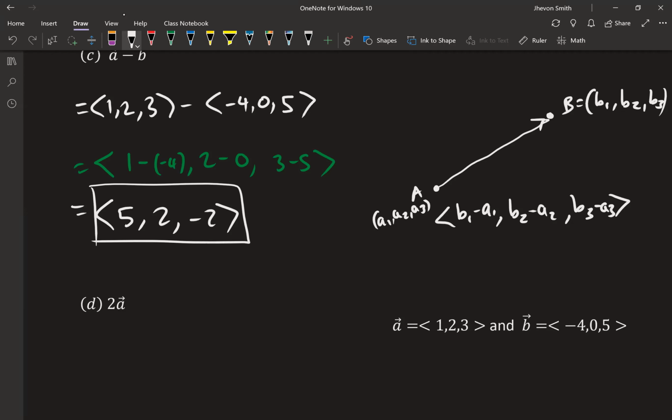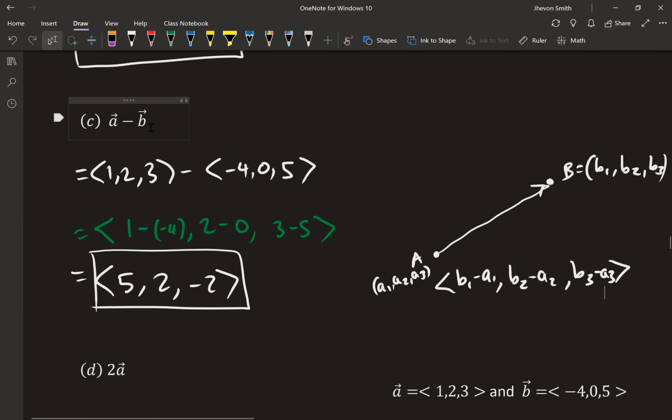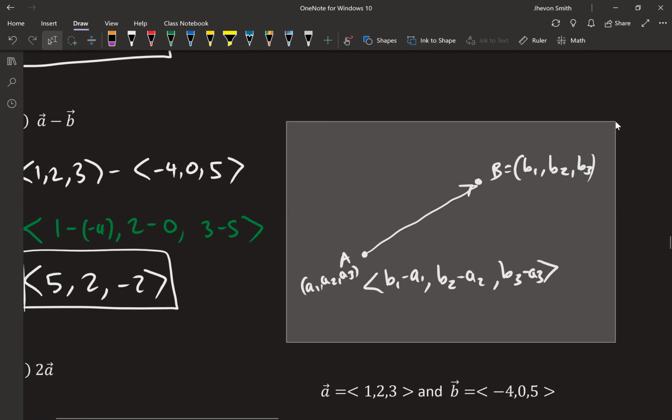So that's the context in which you subtract in reverse order. But if you're actually writing down a subtraction of vectors, you write the subtraction in the order that is given. Got it. Thank you. Okay.